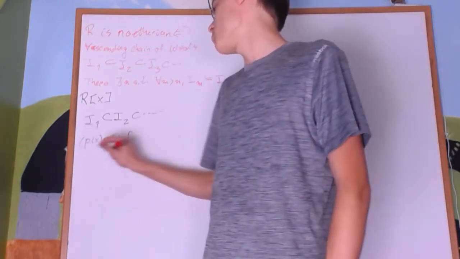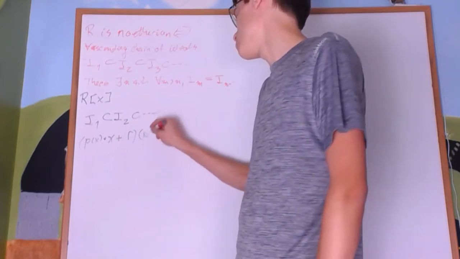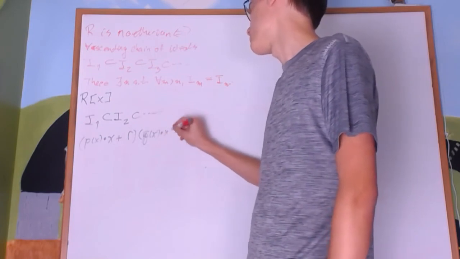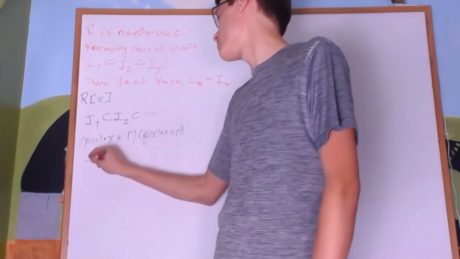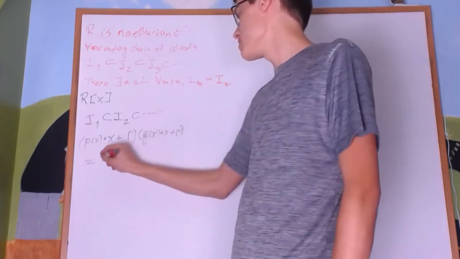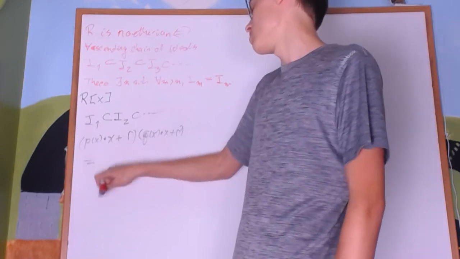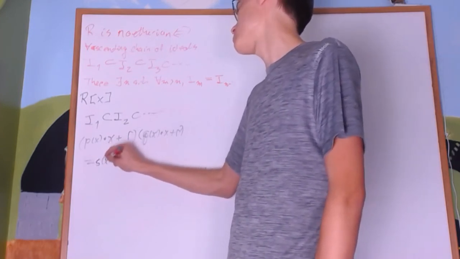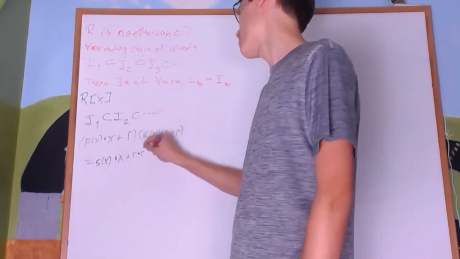And so if I separate it out into those parts, because it's an ideal, you get a different polynomial, call it s(x) times x, plus r times r prime.